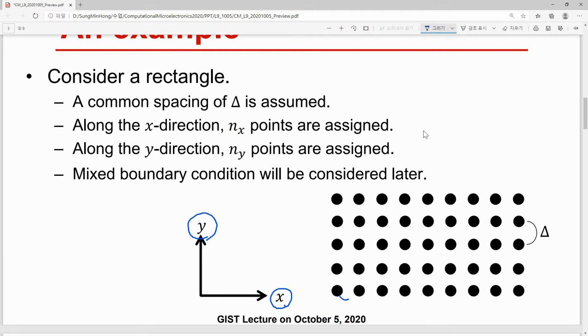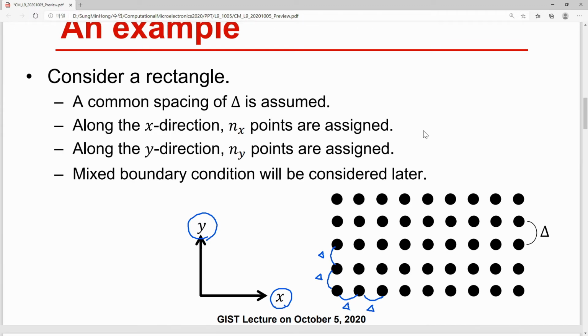So here and there we have a spacing of delta, and also in y direction we have a uniform spacing delta. And along the x direction, we are assigning n sub x points, and along y direction, we assign n sub y points. So they can be different.